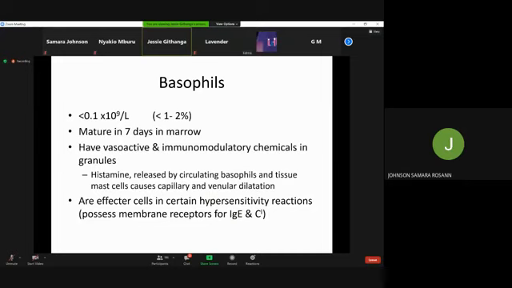including in the bone marrow. And these chemicals, such as histamine, cause capillary dilation and certain hypersensitivity reactions.